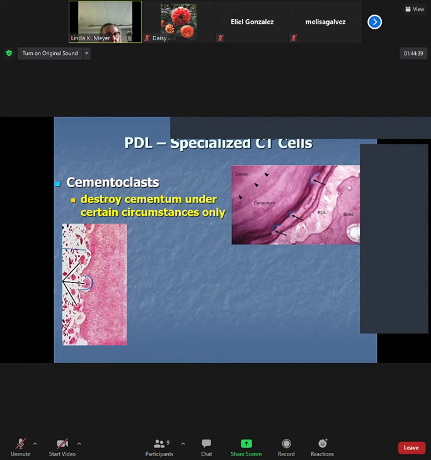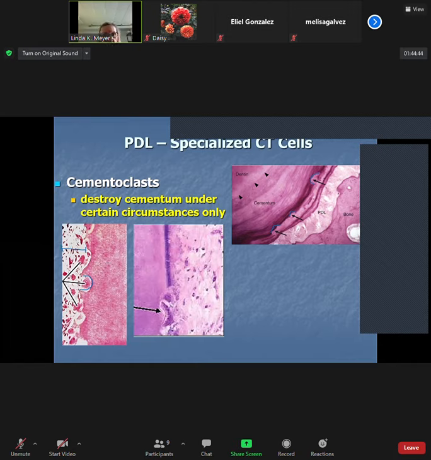Here's a PDL space again. And there's a close-up of one. This one has actually gone way into the dentin. Here's the PDL, cementum covering the root, and in this case, there's the cementoclast destroying the root.